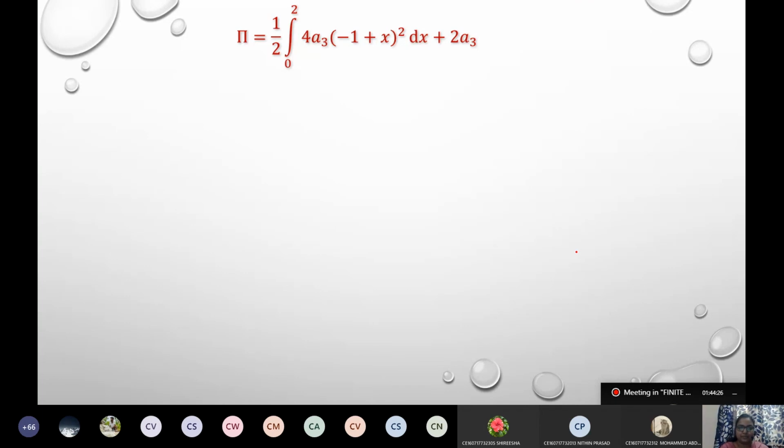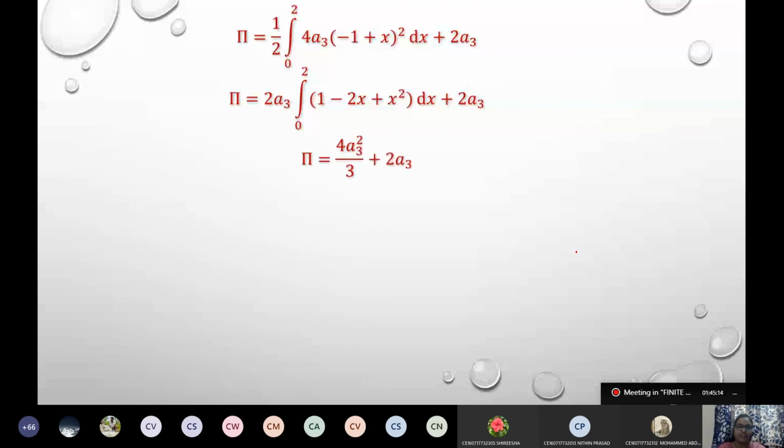You have to integrate it faster. Reducing the equation a little bit more, I could reach here.